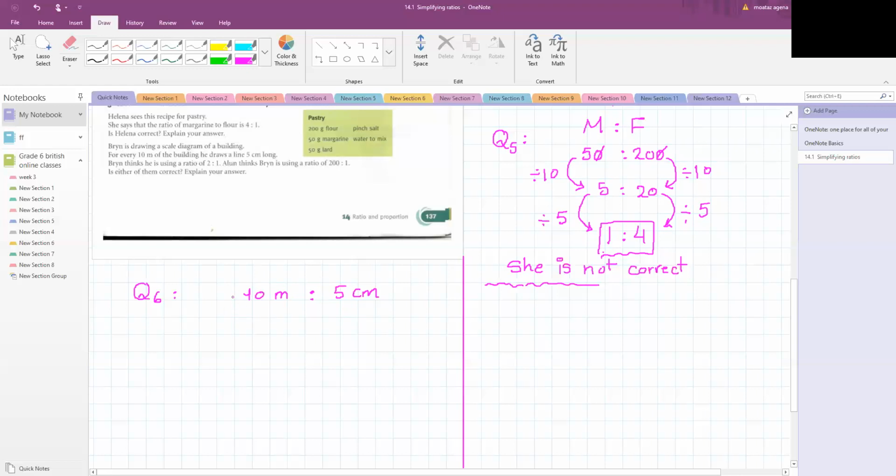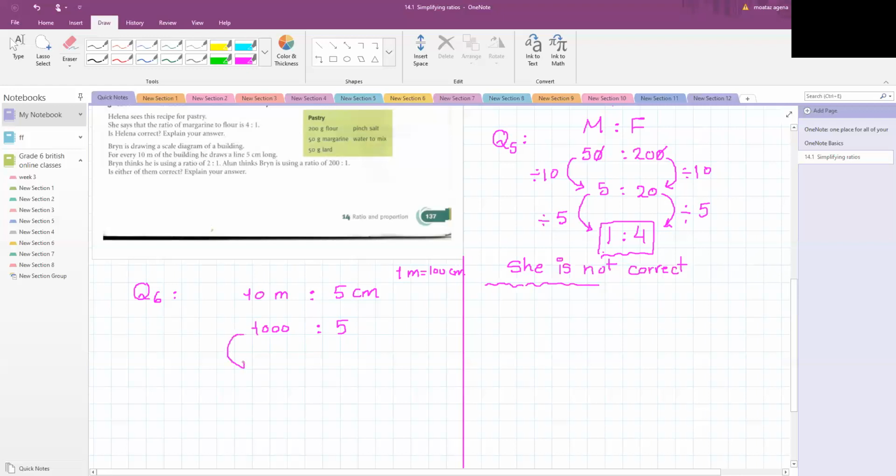If I want to convert meters to centimeters, I will multiply by 100, because 1 meter equals 100 centimeters. So I will multiply 10 meters by 100. It will be 1000 centimeters to 5 centimeters.